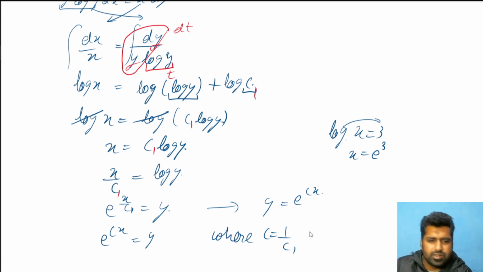Again, 1 by constant, rather than going for this approach, my method is like 1 upon constant is also a constant, right? So I can write c in the numerator also. If you get confused, use this approach, take c1 and then you can do the reciprocals. So this is a very good way to represent rather than e raised to power x by c.